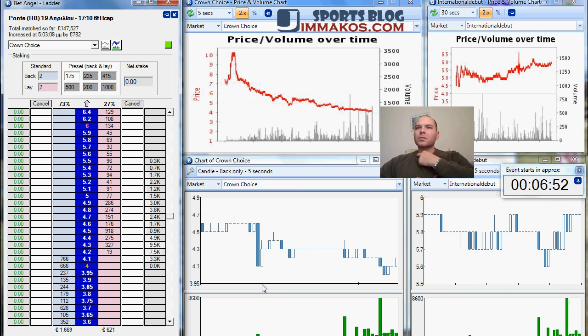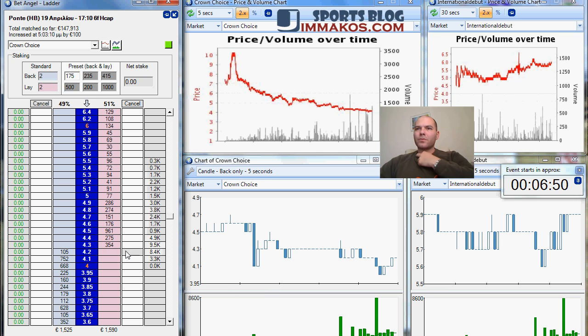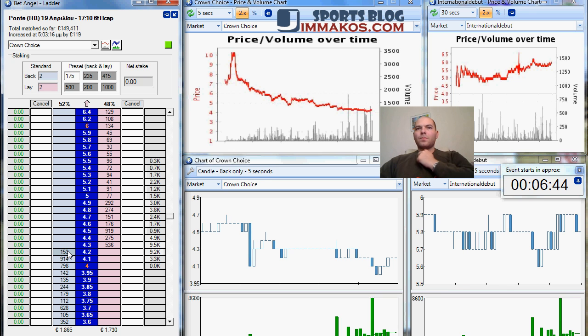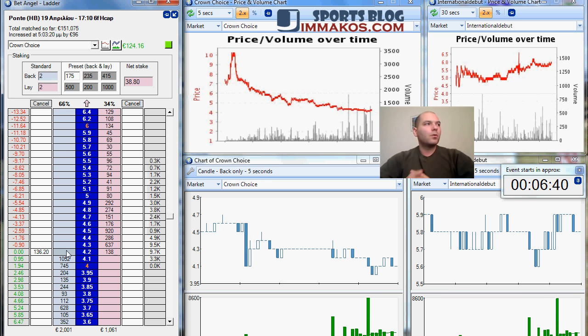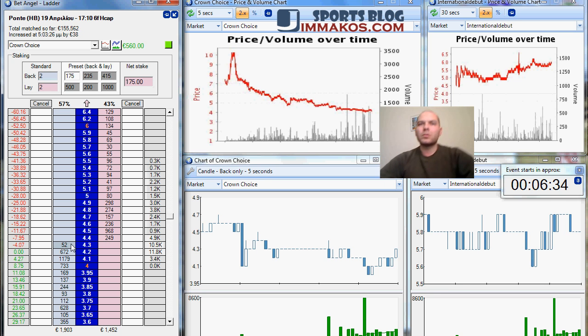So I wouldn't consider that formation a breakout. I'm looking to get 1 tick just from trading 4.2 to 4.1 or down to 4.